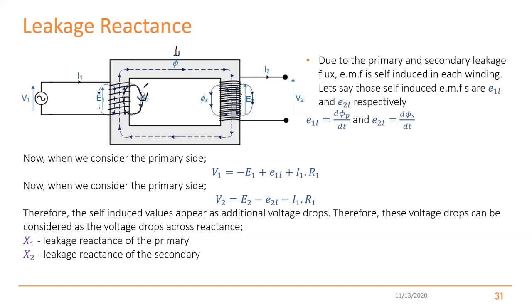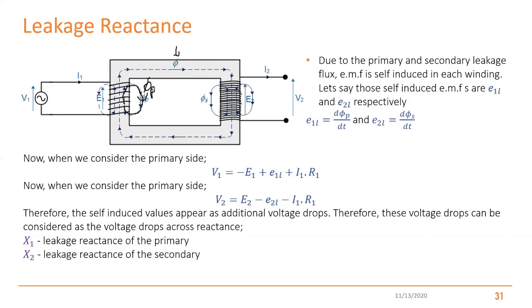If you consider this flux phi p, it does not go through the secondary winding, and hence it is not coupled with it. Therefore this flux doesn't take part in the energy transfer from primary to secondary, so it becomes wastage.